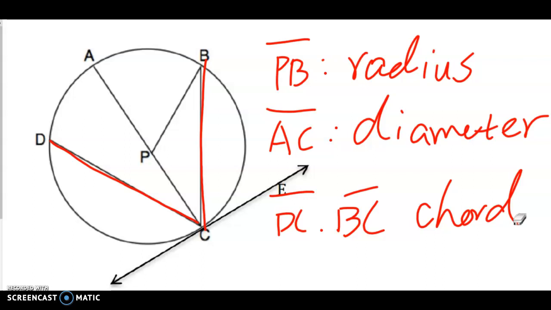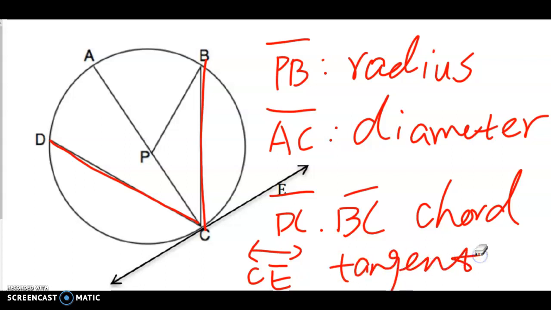And now the last but not least is CE. This is a line, not a segment. Line CE just touches the circle at point C. So this line, we call it tangent.